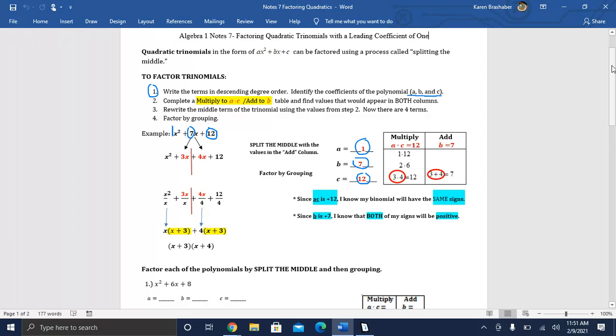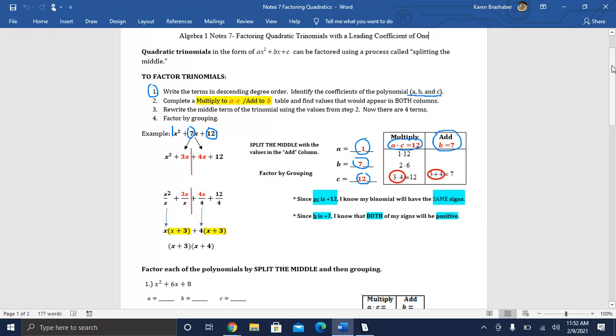You're going to have to think of your factors of this A times C. And once you think of all of those factors, if this process is going to work, there will be one set that will add to what your B value is.